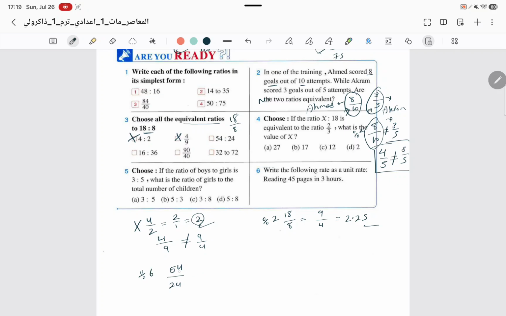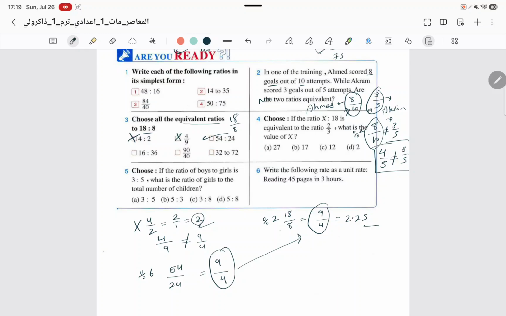So 54 over 6 is equal to 9, and 24 over 6 is 4. So 9 over 4, and here also 9 over 4. So we have that one, it's correct.